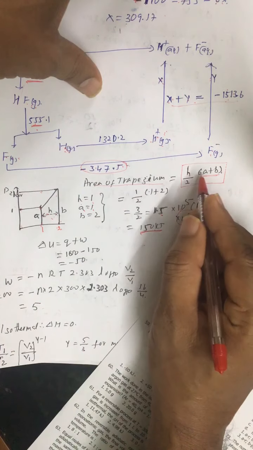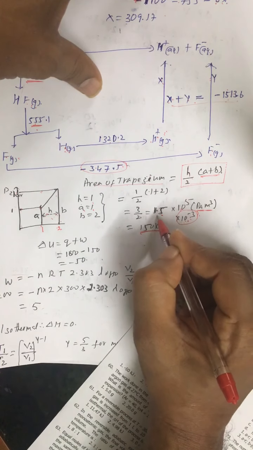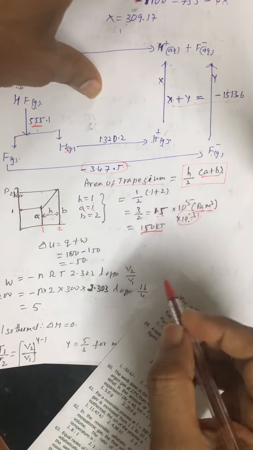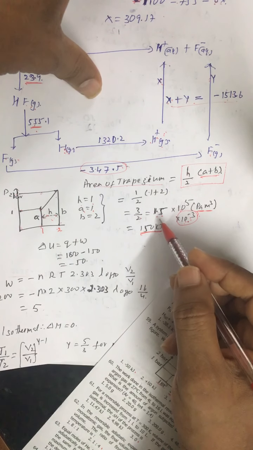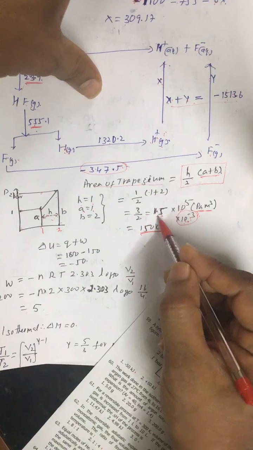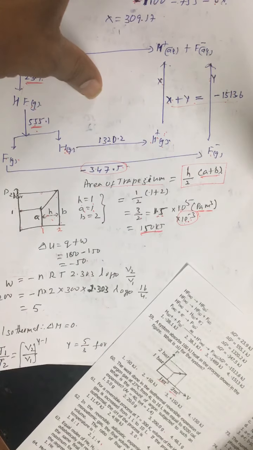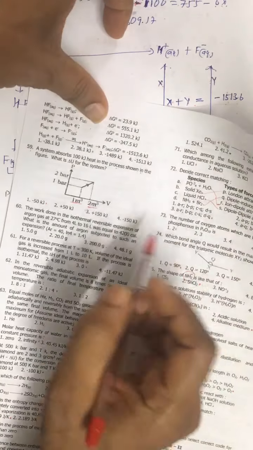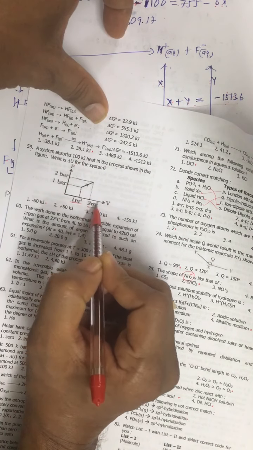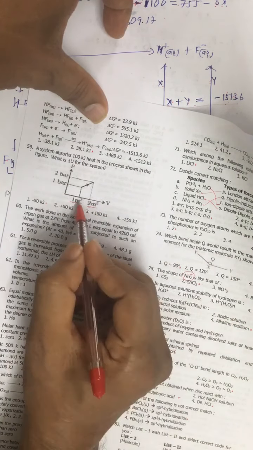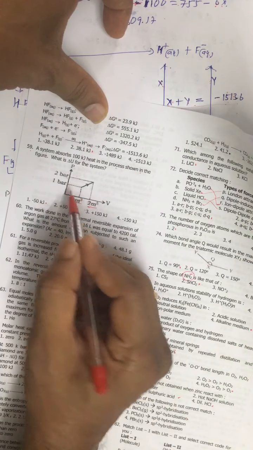Alright, you have calculated the area of trapezium, so that is PV, and so we are calculating the work done. What else are you given? 100 kilojoules of heat is given. Alright, this is the volume, and this is the pressure, PV.